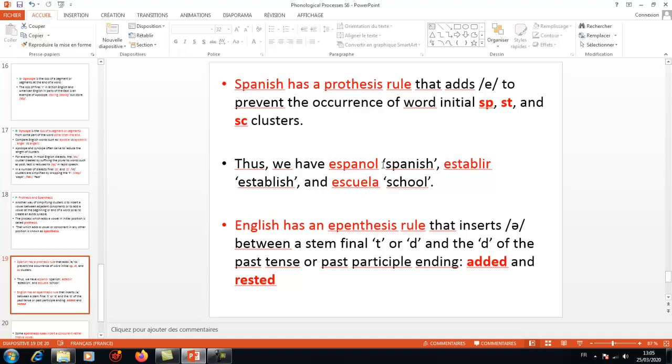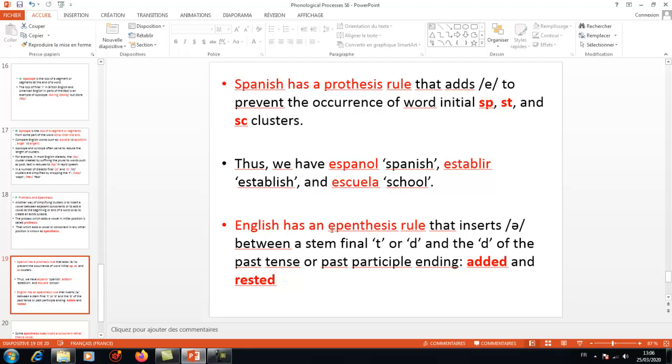They tend to put a vowel before it. This is the a which is put before it here. Español, establir, escuela. So here we have school, but here it becomes escuela.